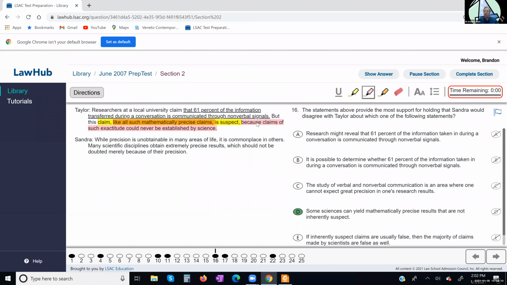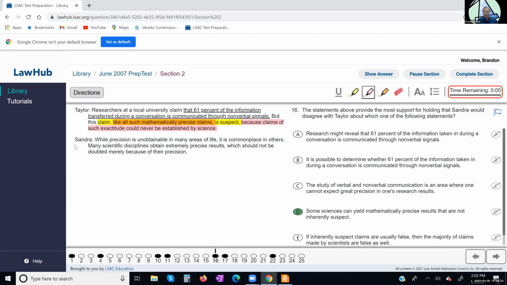And the assumption is the gap here between saying that if science cannot claim such exactitude, then this claim is suspect. I don't even know that would be an assumption. I actually think that might be a valid argument if we are accepting the pink.